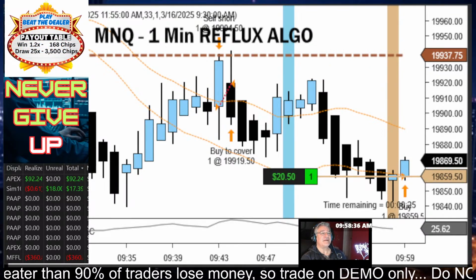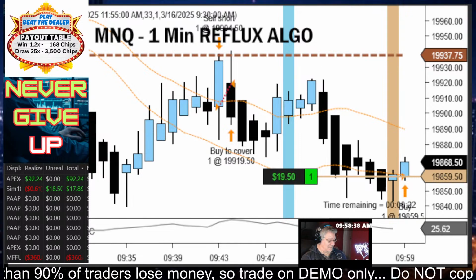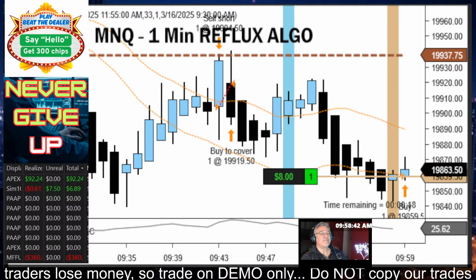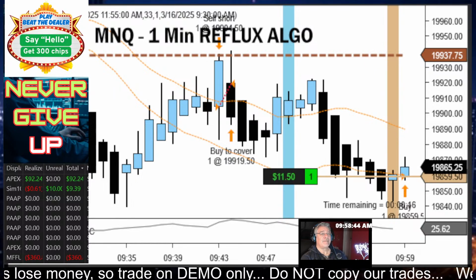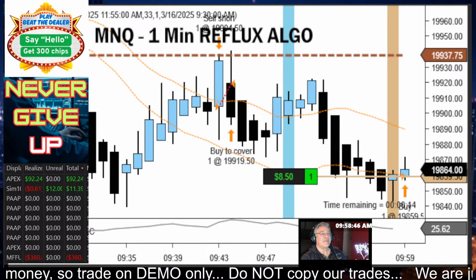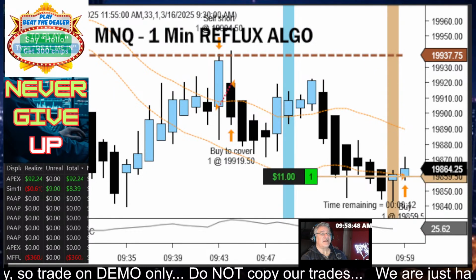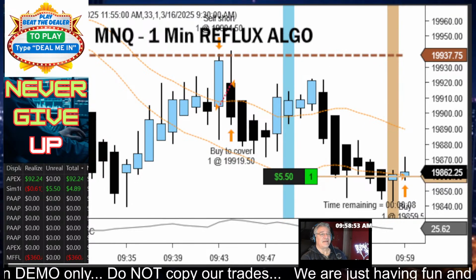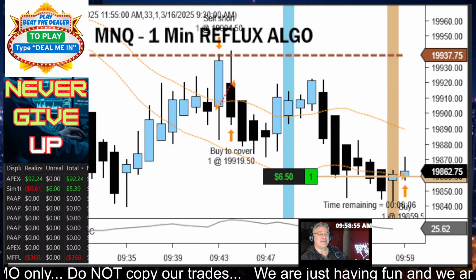One-minute chart. Look at that. If I just stretch it out to there, I mean, the US session low is the low of all this.